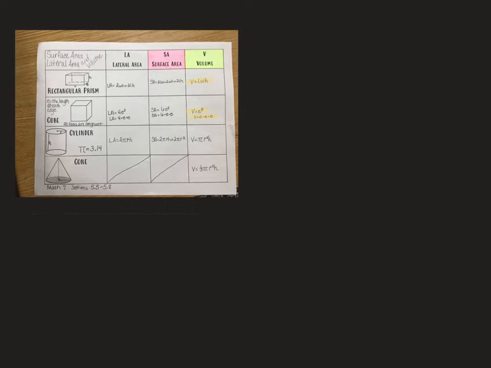So if you are given a rectangular prism and without drawing it, let's just say they tell you that the length equals 4 feet, the height equals 3 feet, and the width equals 2 feet.